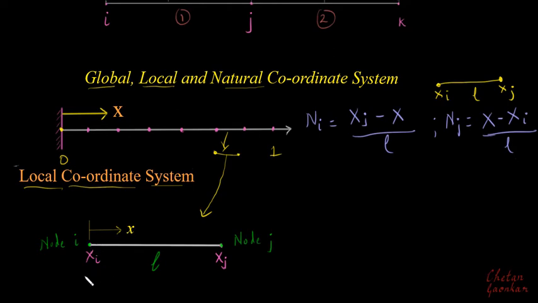So if this is 0, then this will be L, since the length of this element is L. So the local coordinate system varies from 0 to L.